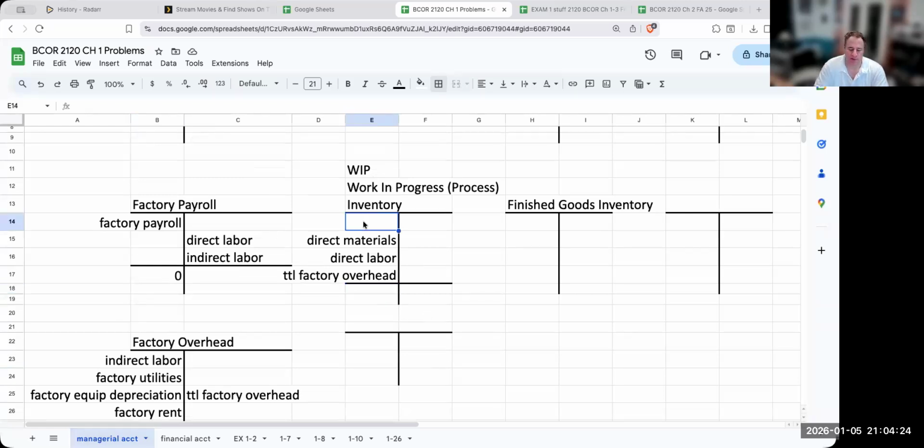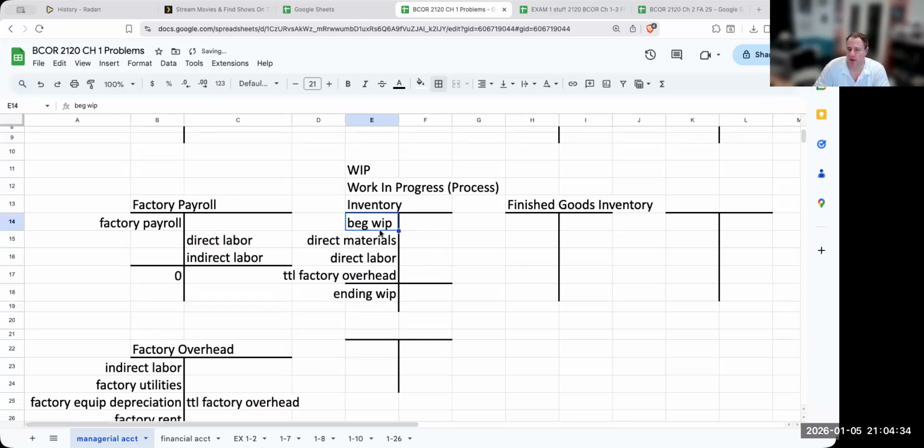Now with work in process, we might have a beginning work in process, maybe what we were working on during the prior month. And then we're also going to have an ending work in process. So we've got a beginning plus our direct materials, direct labor, factory overhead, and then we've got our ending. Now, what goes to finished goods inventory? This is what we are going to call our cost of goods manufactured, or COGM.